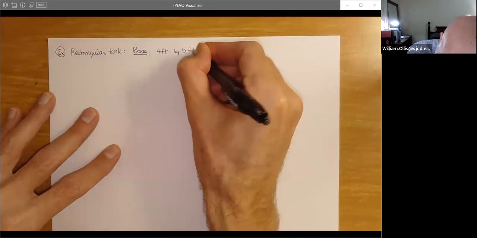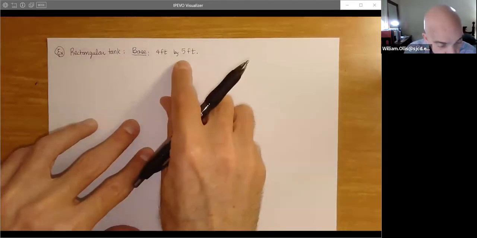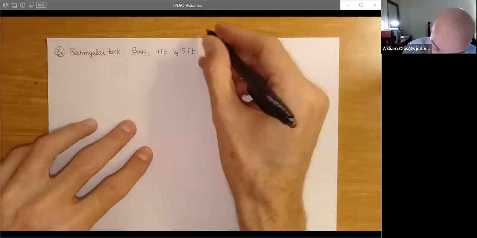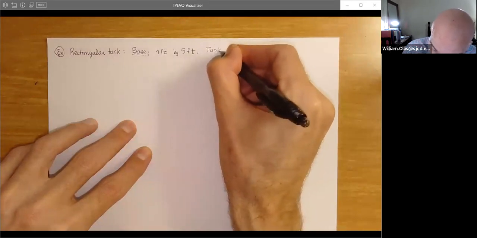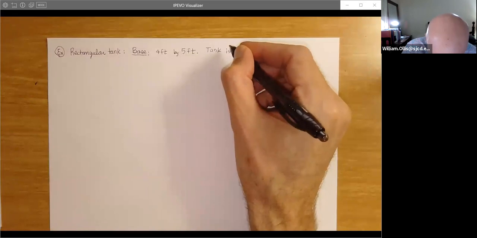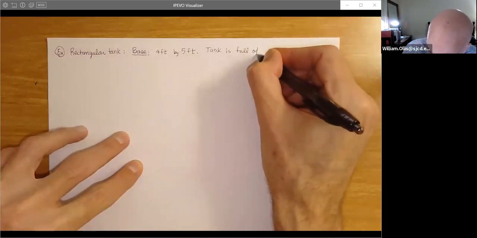Okay, so we've got a nice rectangular tank, a box, so to speak. The base is 4 feet by 5 feet. And we're going to say the tank is full of water.